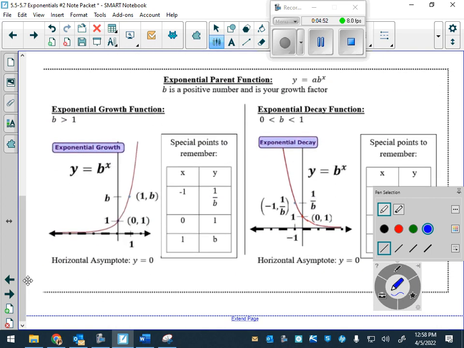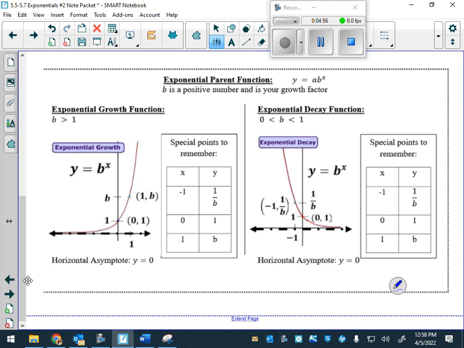So what that looks like is, if you look at the bottom of your page, these are what exponential functions look like, which on the Delta Math they just labeled f of x. These are exponential growth. As you look at it, left to right, it's increasing for growth functions. And the key difference is your b value is greater than 1. I'll give you an example.